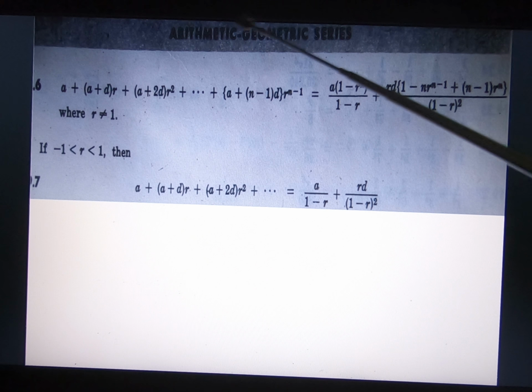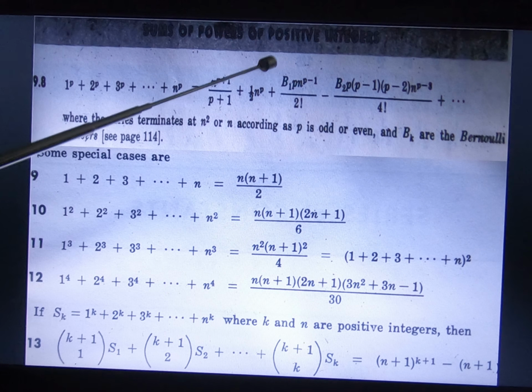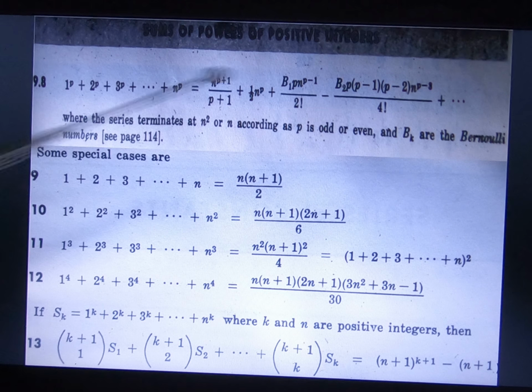There are some other formulas. I will give you a whole bunch of formulas for your information. This arithmetic geometric series, power of positive terms, and you can see there is a Bernoulli number. I will give you some examples and some power series like this.